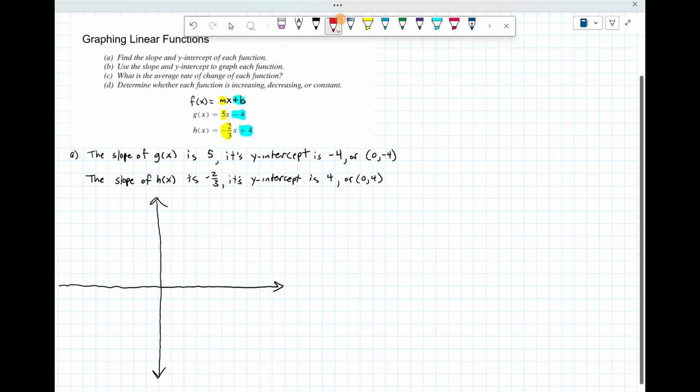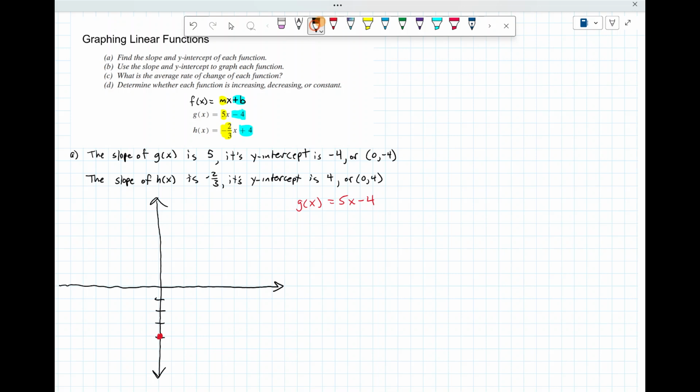And we will start with g of x. Again, the y-intercept is at negative 4. So I'm going to go to negative 4, and I'm going to put my first dot.